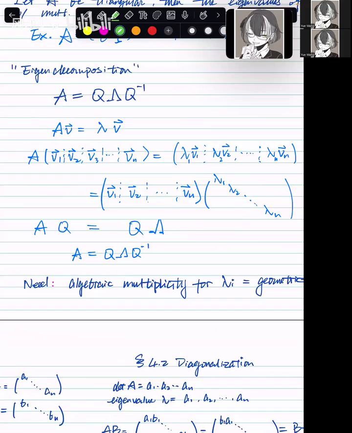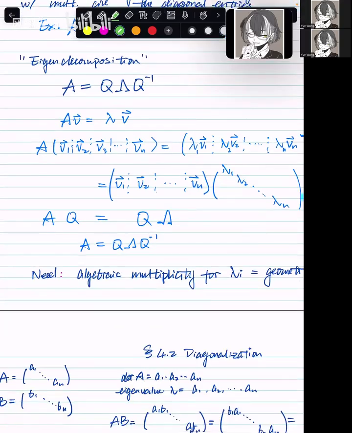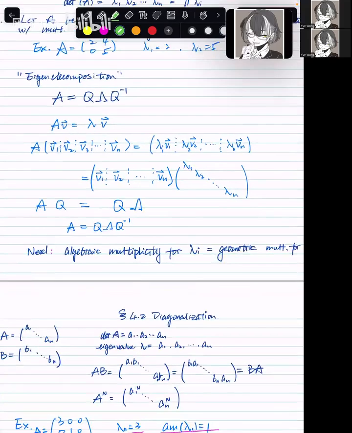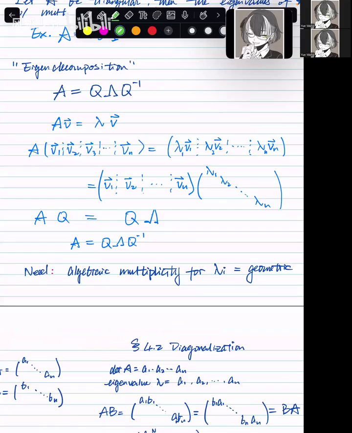Such a matrix can be found as follows. To find eigenvalues and eigenvectors, we have this equation: matrix A multiplied by v equals lambda multiplied by v. So if we want to do A times v1, we can also do v2, v3, every eigenvector, and put them in a matrix.